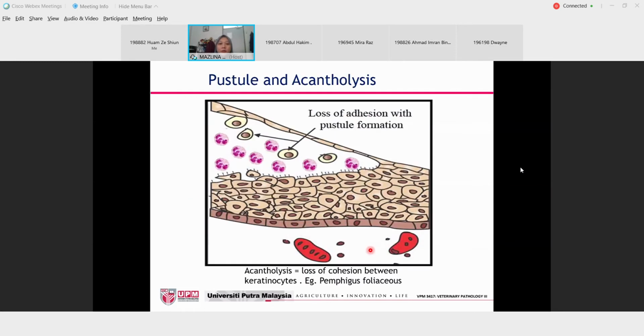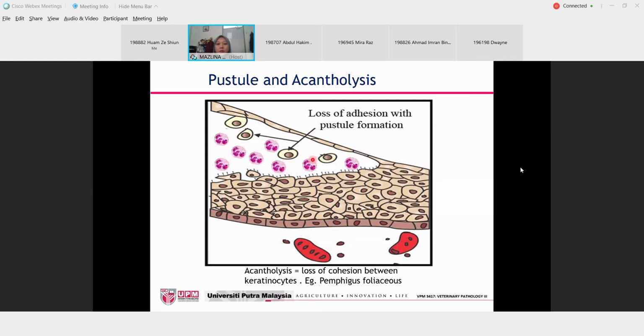Okay, so here is a diagram to show you acantholysis. This is part of the normal skin. When there is loss of cohesion, you see some of the keratinocytes are separated and it forms a cleft. When there is exocytosis, remember exocytosis is migration of RBCs or even inflammatory cells. So they will go into the empty space created by the loss of cohesion of cells, and in a case of pemphigus foliaceus, you should expect the neutrophil, right?